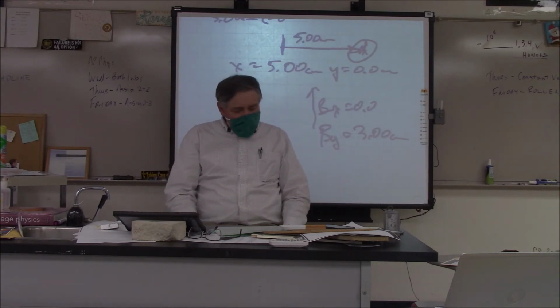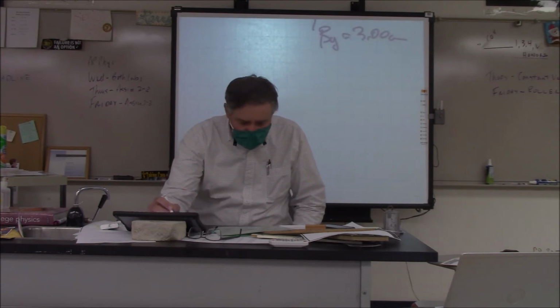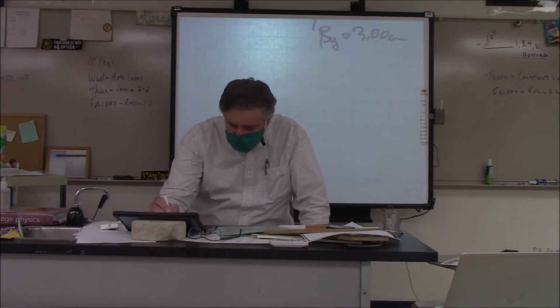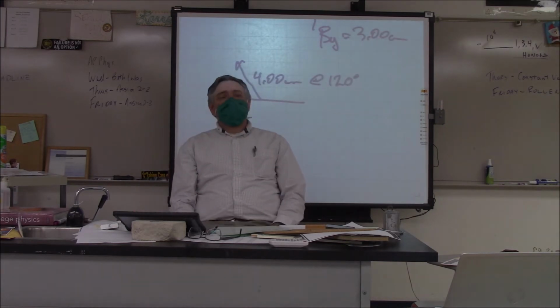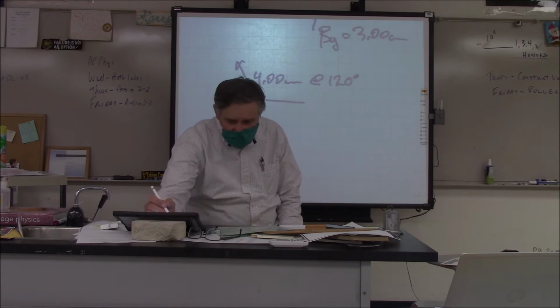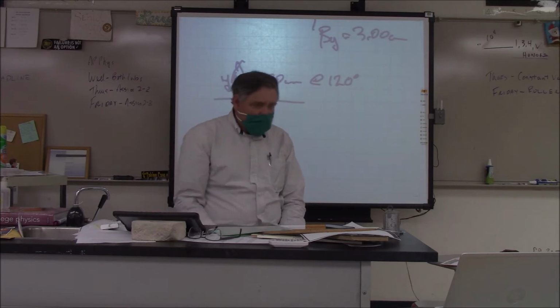But where you run into trouble is when you get into vector C. So on vector C, I've got 4 centimeters, and I'm just going to make a sketch, okay? So I've got 4 centimeters at 120 degrees. Now, what I've got to find is this x and that y.